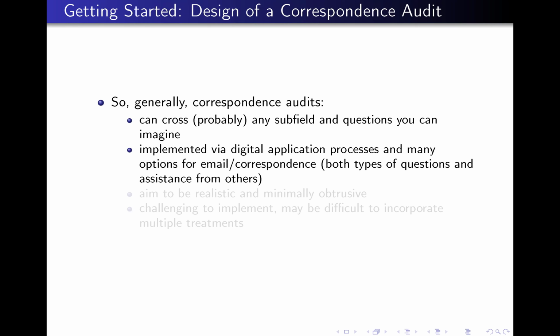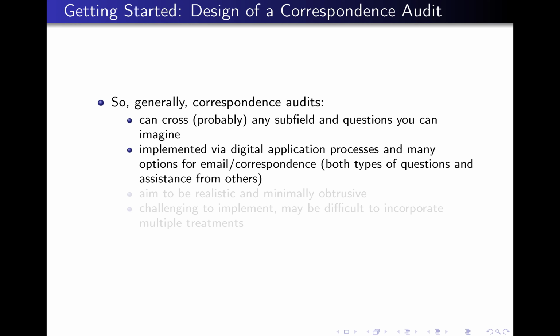We're not having to send people out there in the real world anymore, and we're not having to send faxes. We're sending emails. We're sending applications on an online portal of some sort.